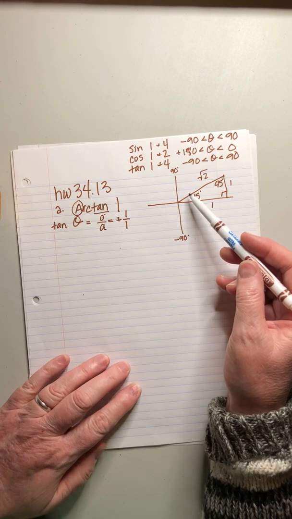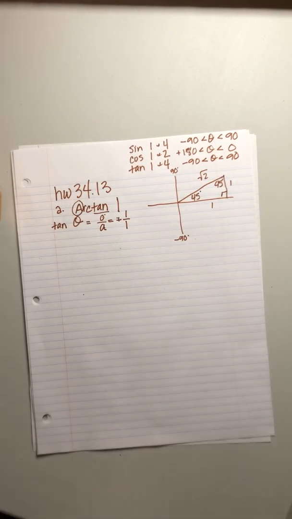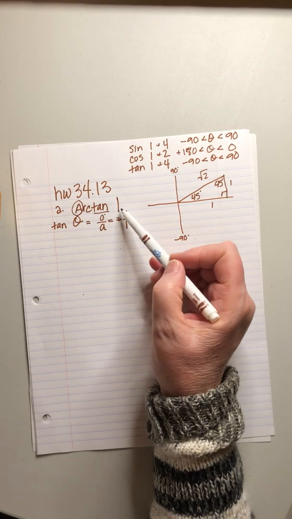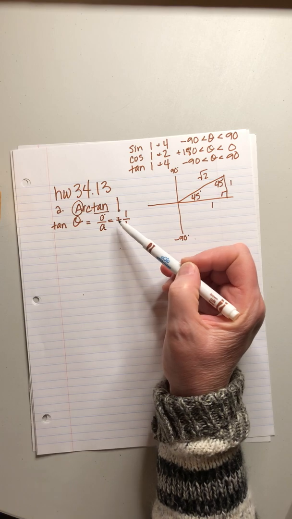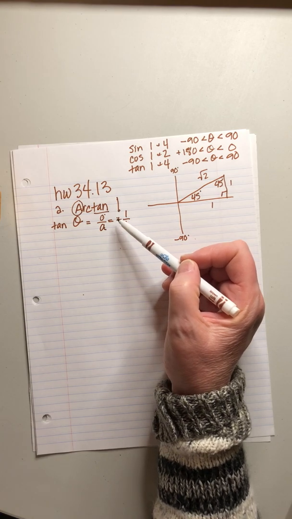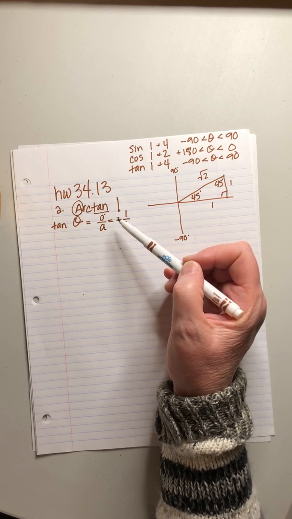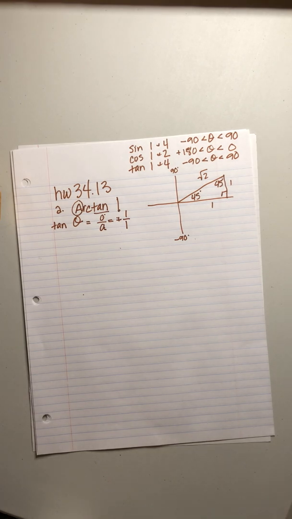So that tells us that for this problem, the angle that gives us an inverse tangent, an arctan of 1, is a 45-degree angle. And I'm just checking, where am I? 3413. I'm just double checking the answer before I write it down.